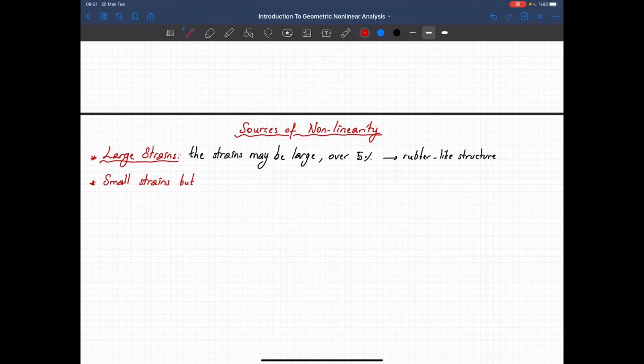You may have small strains but finite displacements or rotations. We have cables, arches and bars, for example, that undergo very large displacement, but the deformations may be small.